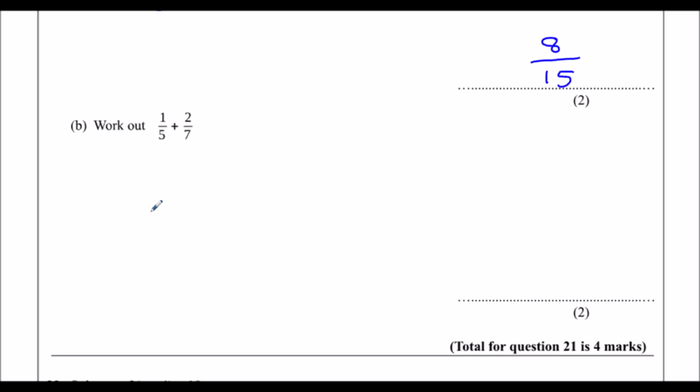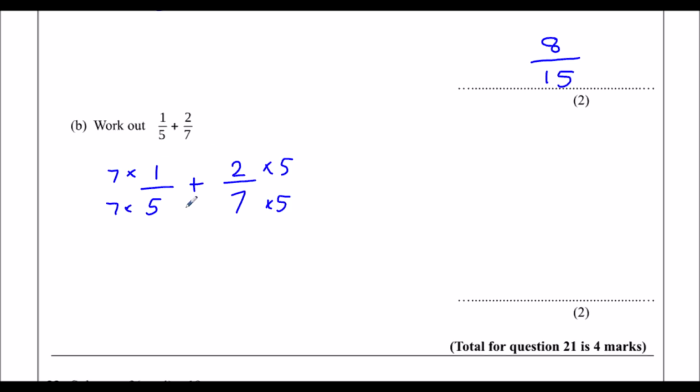Part B, adding fractions. To add fractions, we need to make the denominators, the bottom numbers, the same. So I'm going to times top and bottom of this one by 7 and top and bottom of this one by 5. And that'll make both the denominators the same because they'll be whatever 7 times 5 is.